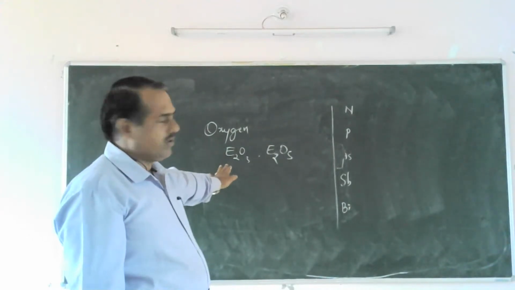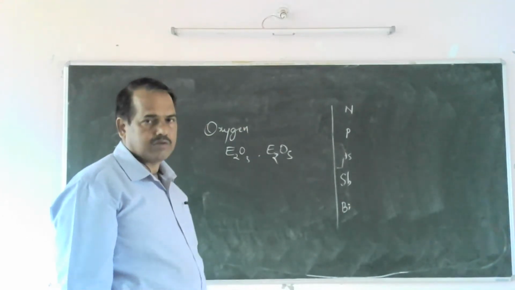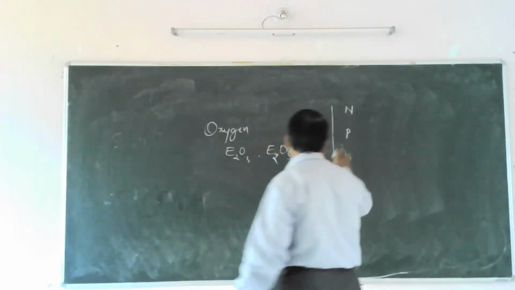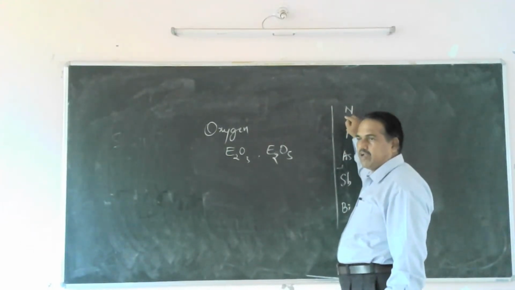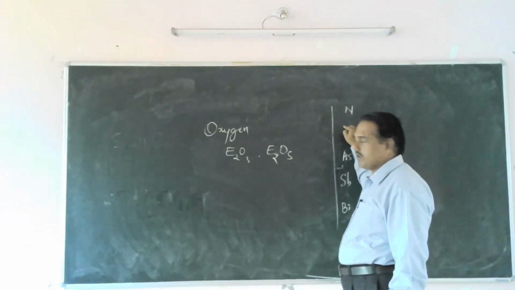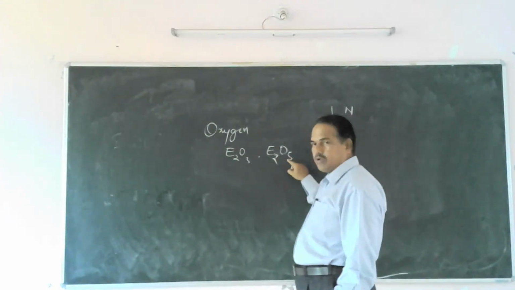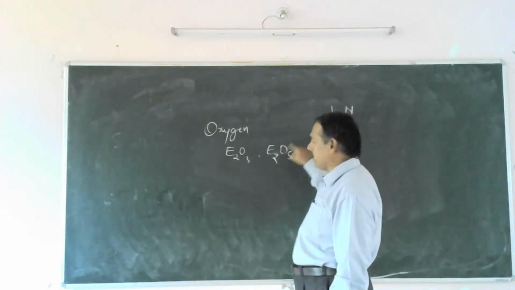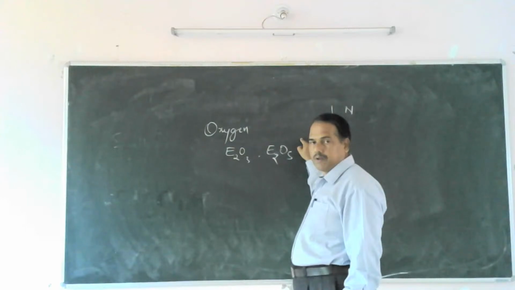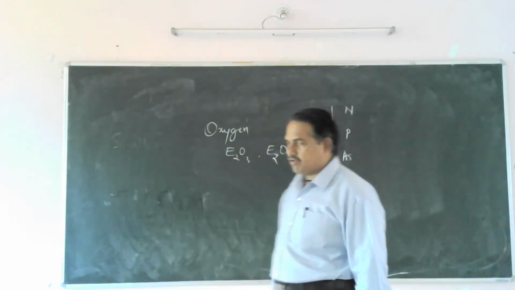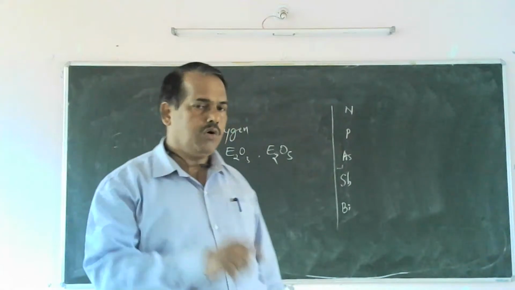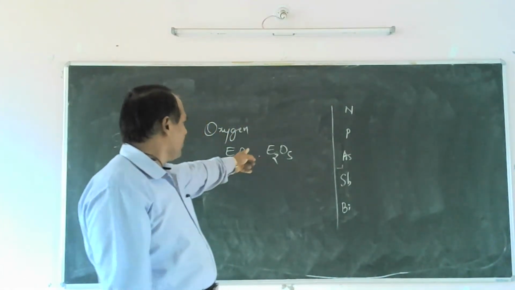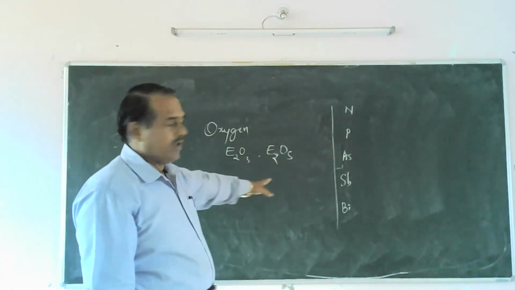E2O3 lower oxides are acidic in nature. You know the general trend, non-metallic oxides are acidic in nature. E2O5 are more covalent. So it forms two types of oxides, one is E2O3 and another one is E2O5.